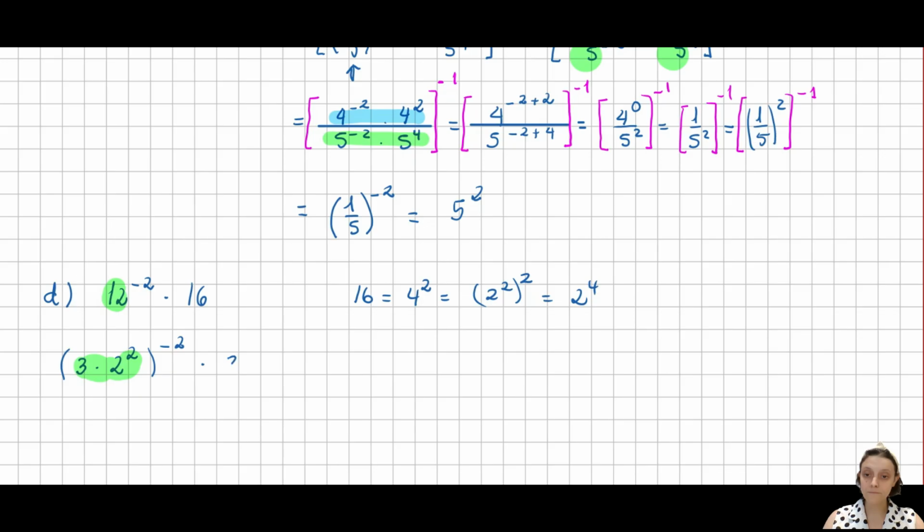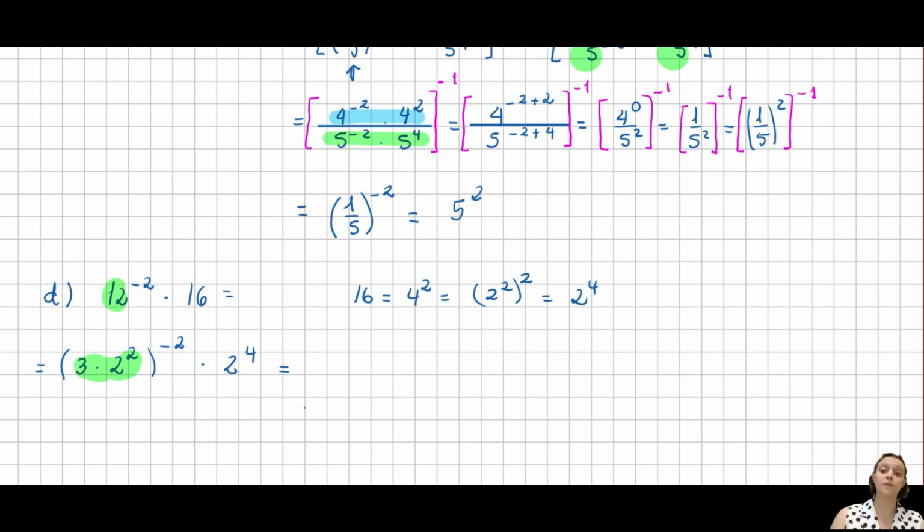Then we have this, and see here that we have different powers, but 2 of them are the same. This one and this one. So we are going to be able to apply properties there. Let's see if we're able to express it as a single power. In this case, we have 2 different kinds of bases, an apple and a lemon, to the power of -2.